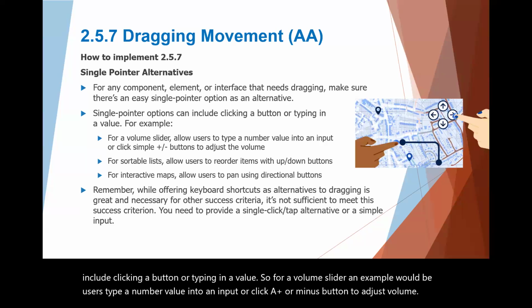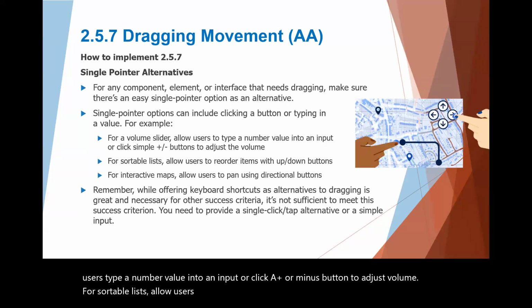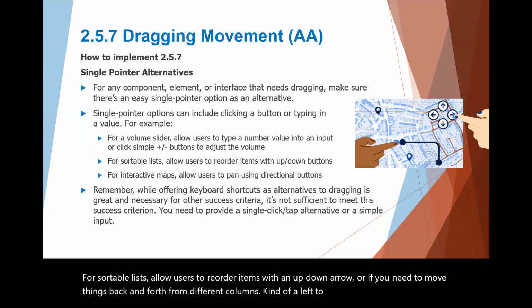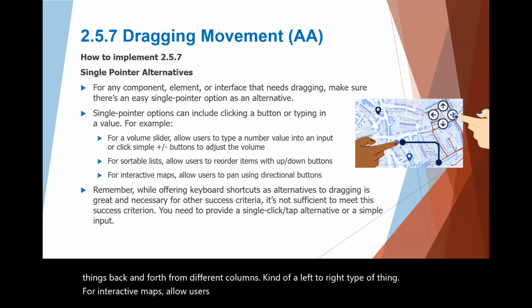For sortable lists, allow users to reorder items with an up down arrow, or if you need to move things back and forth from different columns, kind of a left to right type of thing. For interactive maps, allow users to pan using directional buttons.